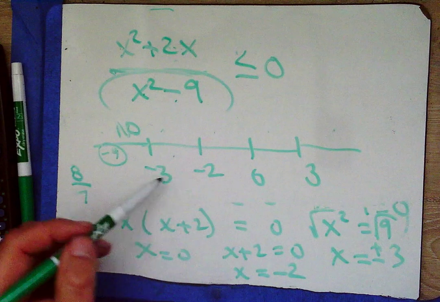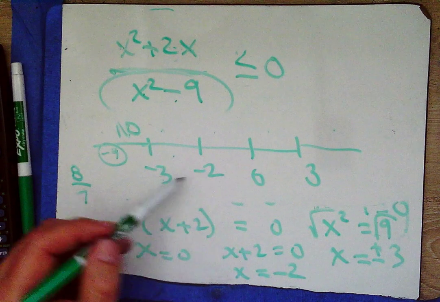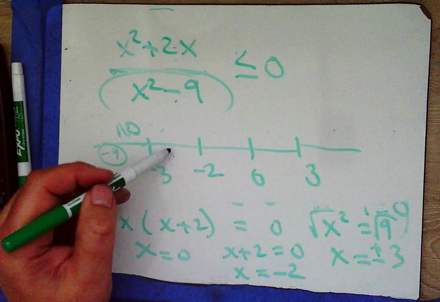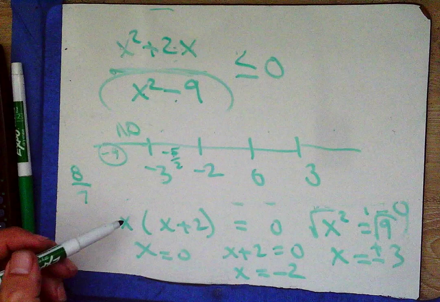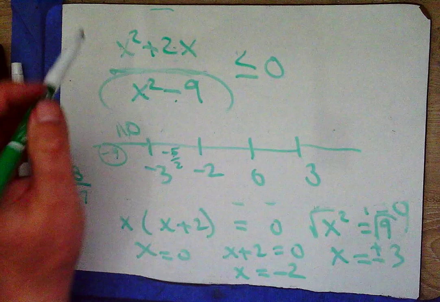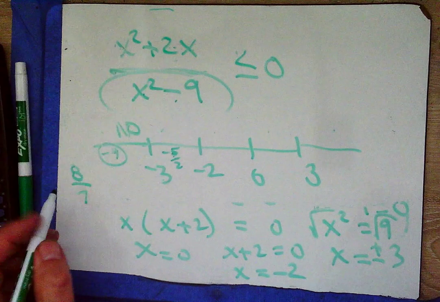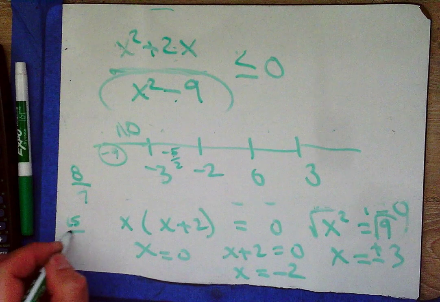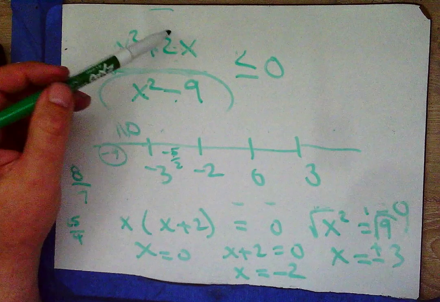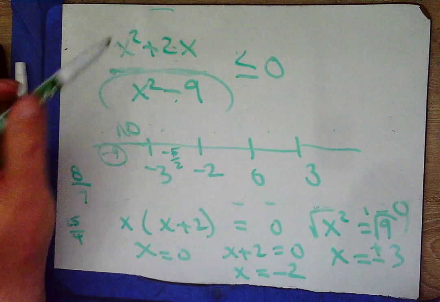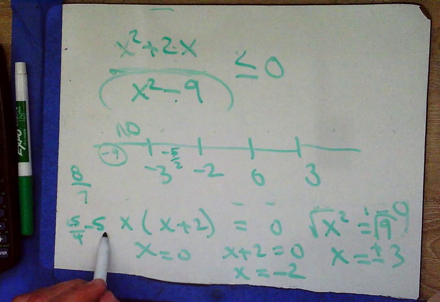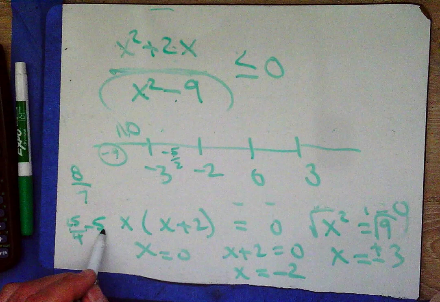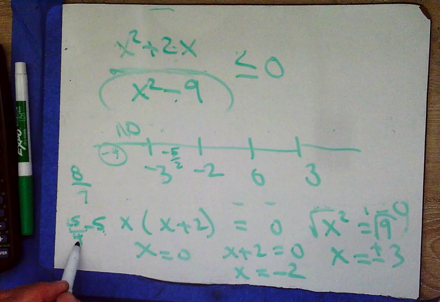Okay, now I've got to plug in a number here. And unfortunately, it's between 2 integers, so I'm going to have to plug in something like negative 5 halves. Ew. All right, so negative 5 halves squared is going to be 25 fourths. And then negative 5 halves times 2 is negative 5. Okay, so that's 20 fourths. 25 fourths minus 20 fourths is 5 fourths.